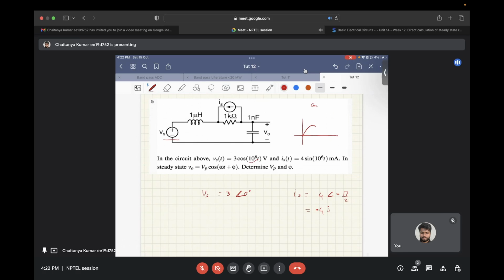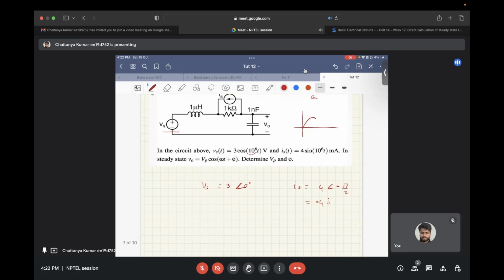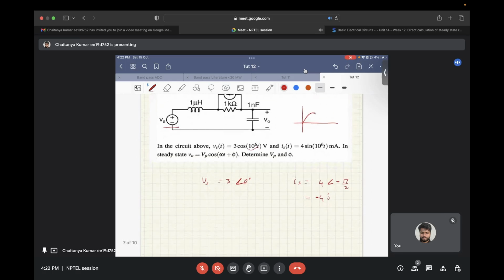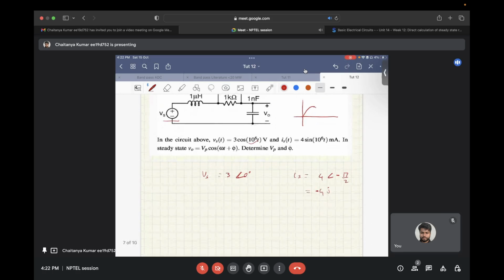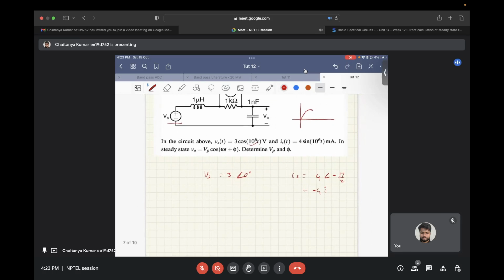So now we can solve the question. First of all, let's check the natural frequency of this. Natural frequency, again, same as the previous one, is 1 over the square root of 10 to the power minus 15. So now V naught over here.